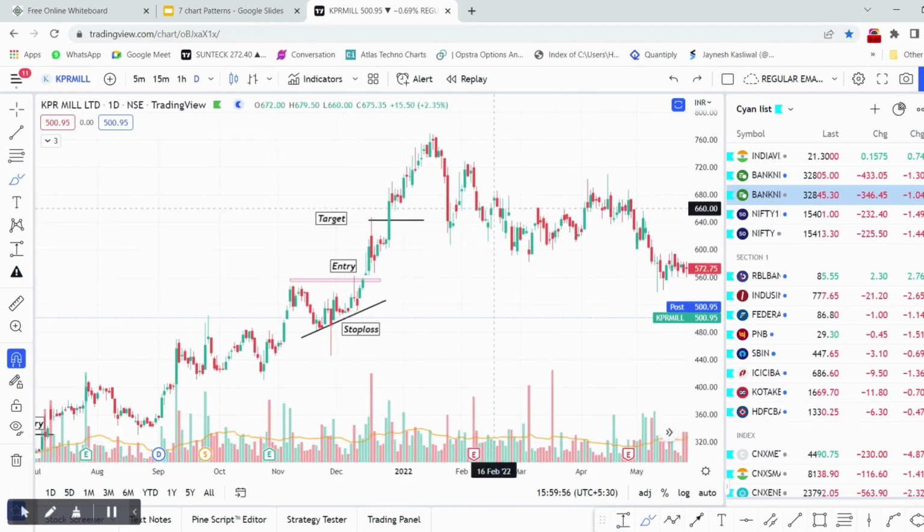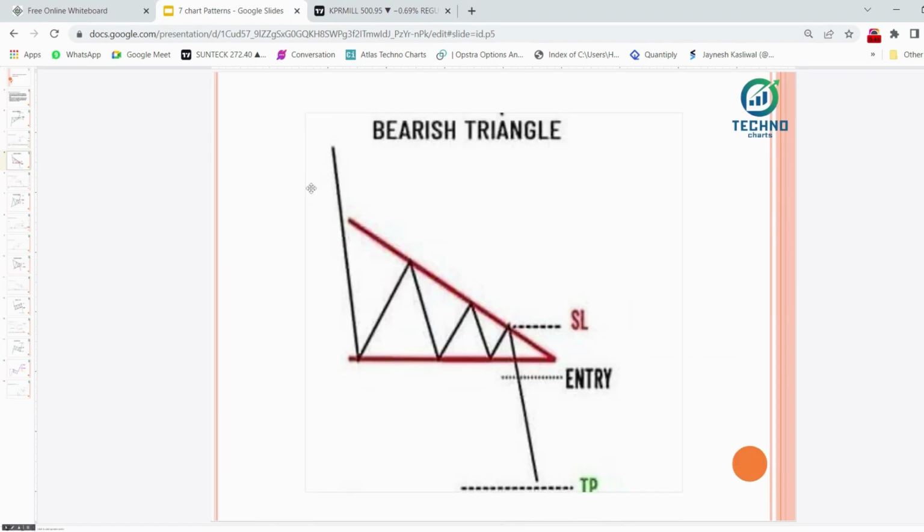Now, similarly, a stock can have a bearish triangle pattern where we'll have an area of support, and the stock is testing that area of support multiple times, right? So here if you see, the stock is testing the support multiple times, and then finally the stock is breaking down from that area, right?